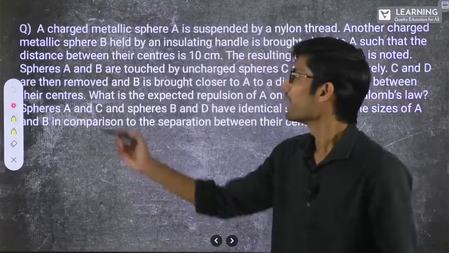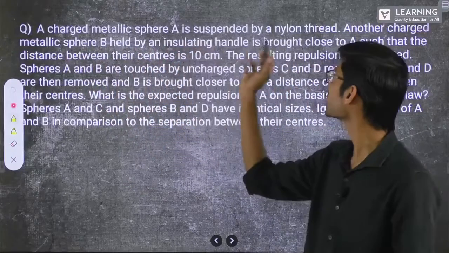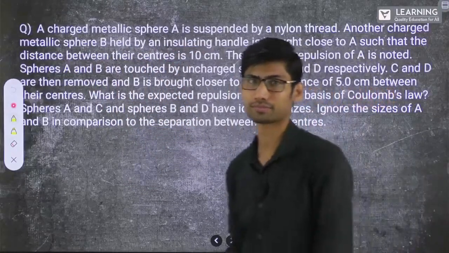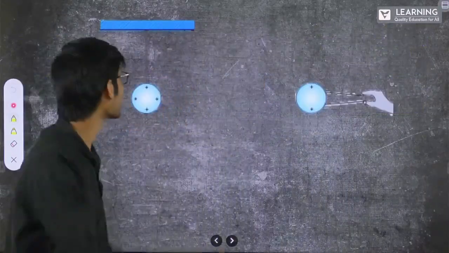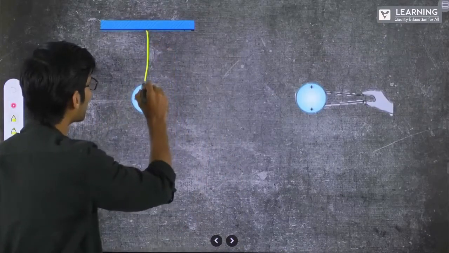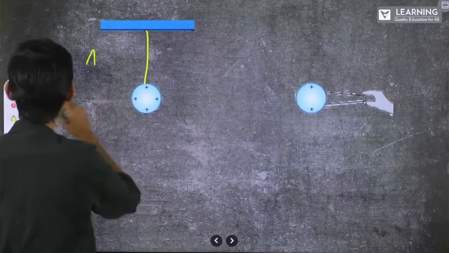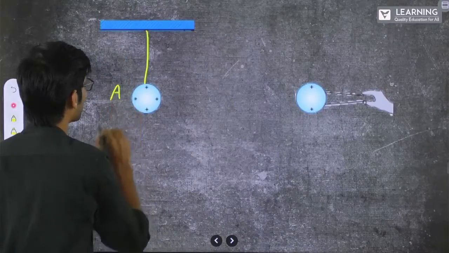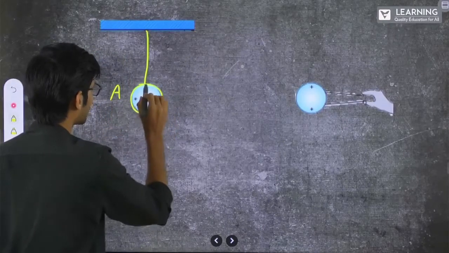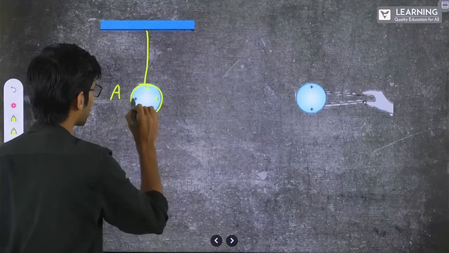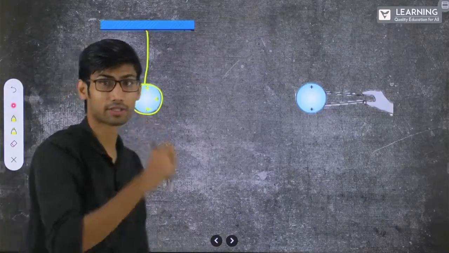Now, a charged metallic sphere A is suspended by a nylon thread. Okay, this is A. It has a positive charge, a lot of positive charge. It is completely charged.